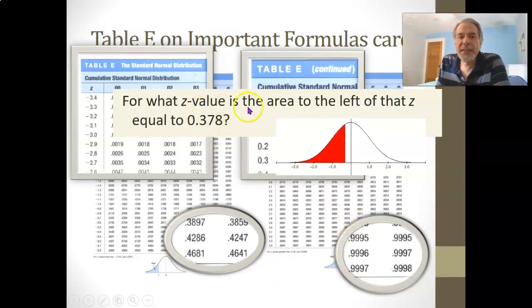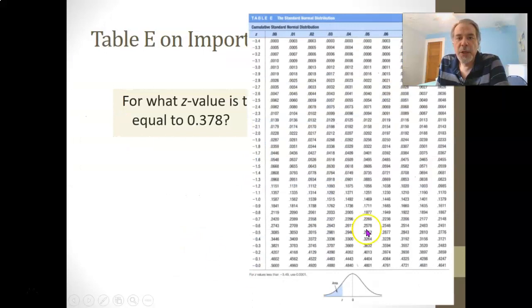So if we want to know the z value for the area to the left of that z to be 0.378, the 0.378 is an area. So it's one of those numbers in the middle of the table. And because it starts with a 3, it's going to be on this first page, where the numbers are from 0.0 something to 0.4 something. So look in the middle of the page where those 4-digit areas are. The ones at the top start with 0.0. Then we've got some that start with 0.1, 0.2, 0.3.